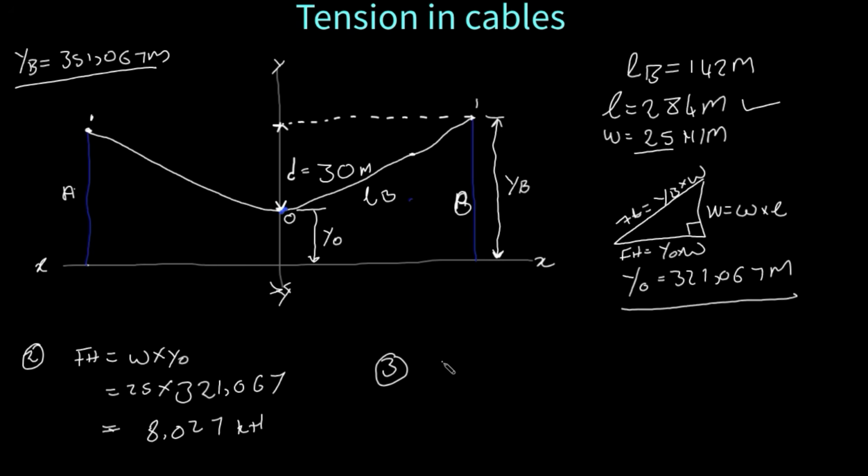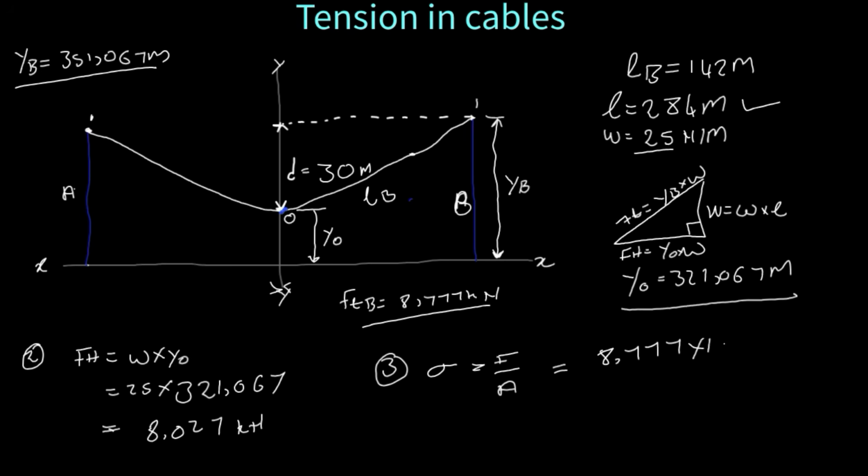Therefore, we're going to use that force to calculate the stress at that point. I did not write it down, but we calculated FT and we got 8.777 kilonewtons. That was the first question.